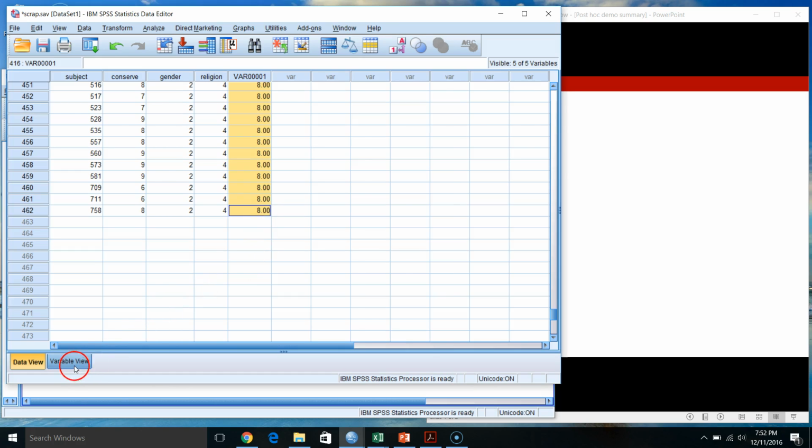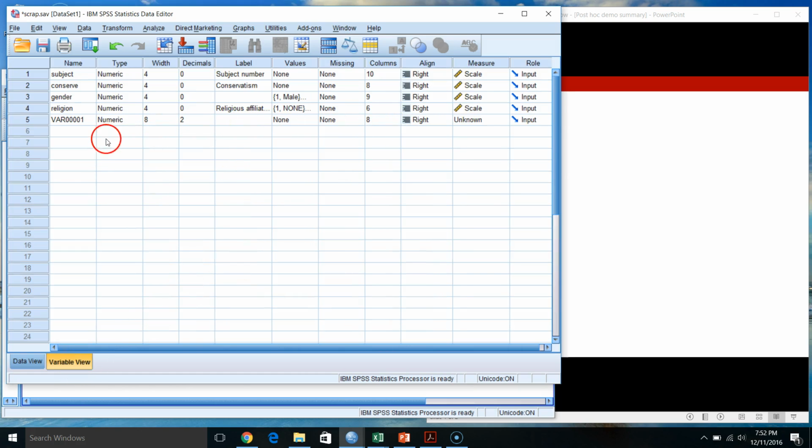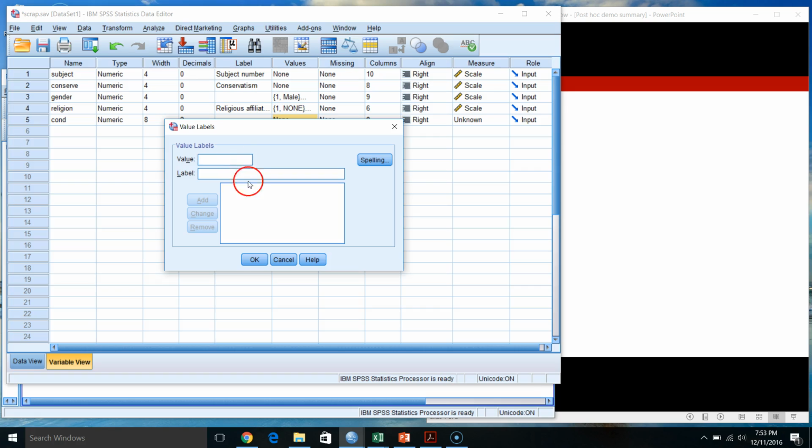Okay, I'm going to go down through now, and even though it's going to take a little bit of time to label these, it'll help us with our screening quite a bit.